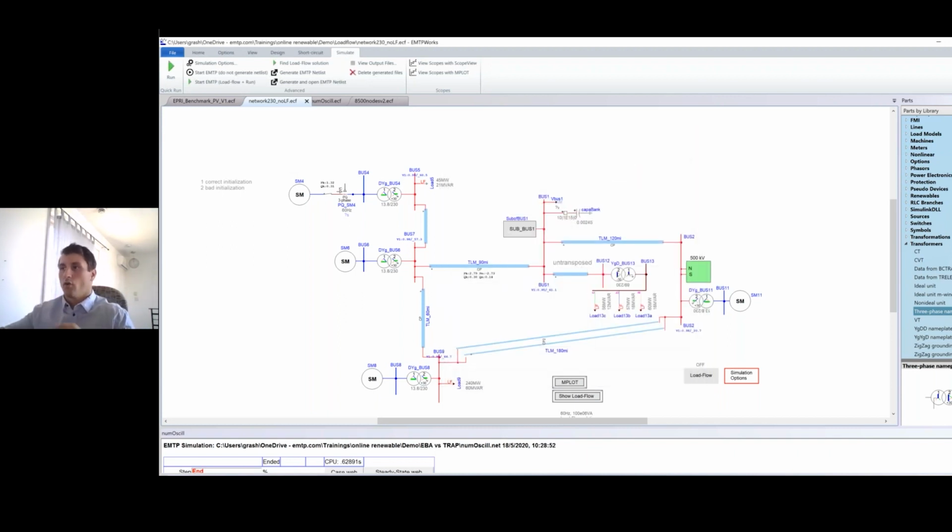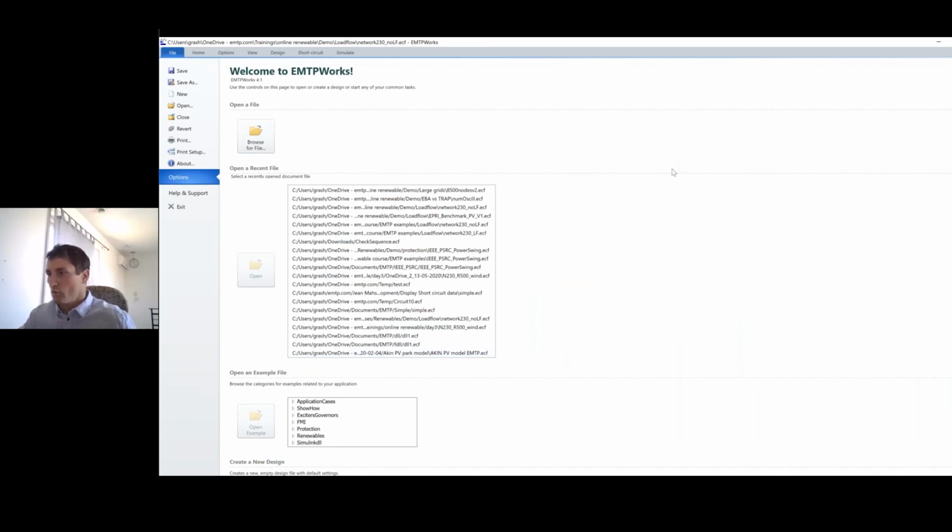Then it depends what you want to do. If the goal is actually to see the movement of the tap, which is a very slow process, then you need to model the control. Because it's not completely the topic of the training and we have limited time, I will point out where the example is. If you need more information, you may contact us and we can show you in private.